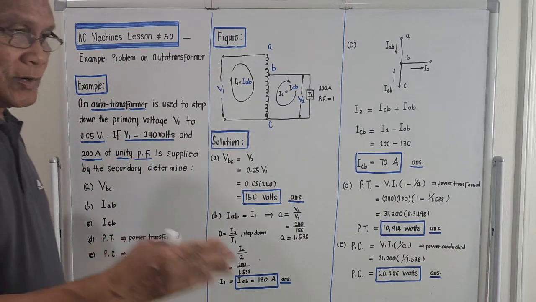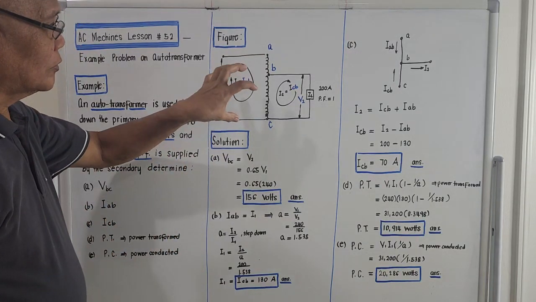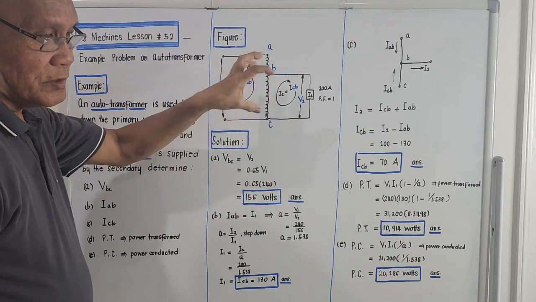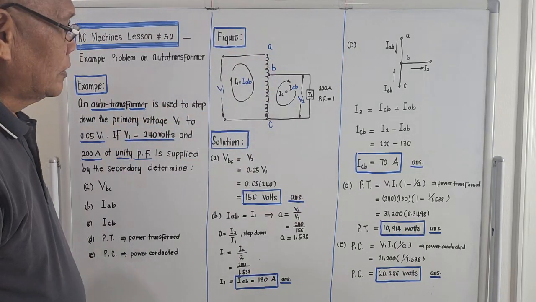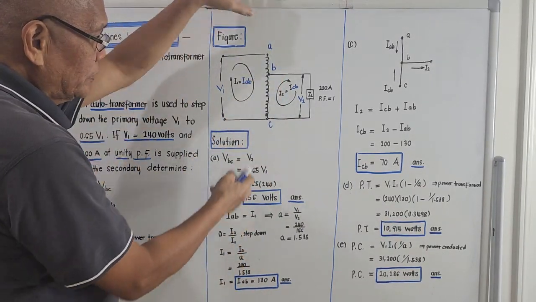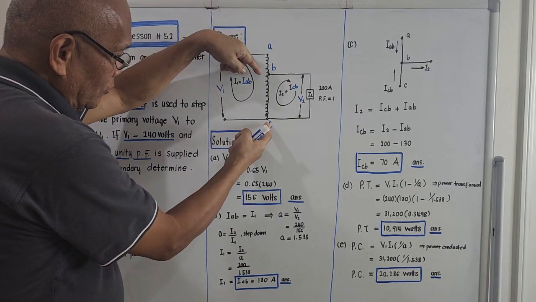To visualize the verbal description, let us look at the equivalent figure. We are given an auto transformer. This should be the primary winding AC, and the secondary winding BC.